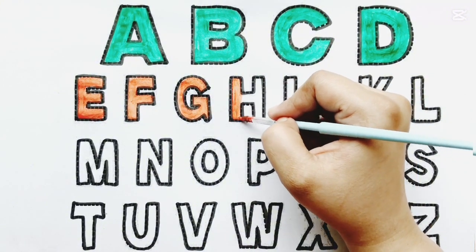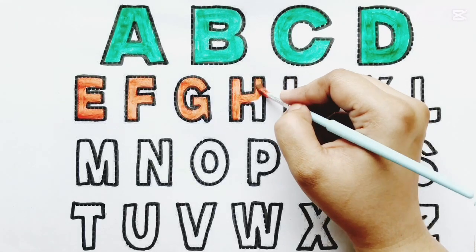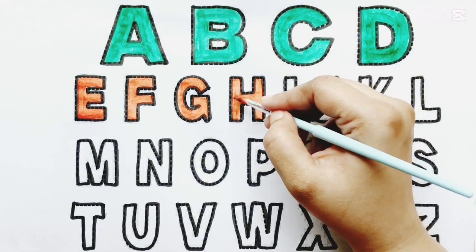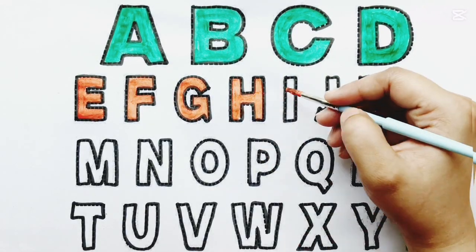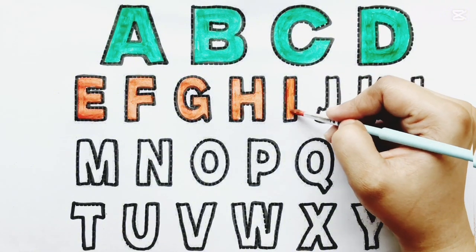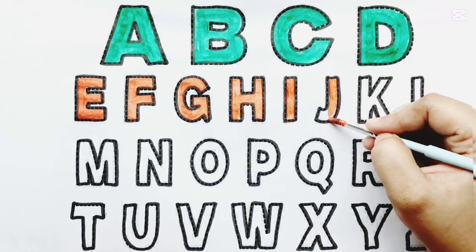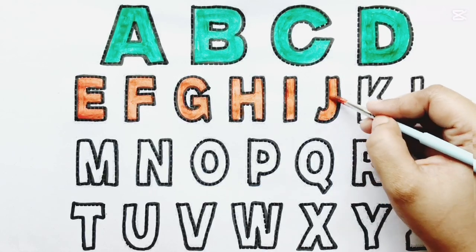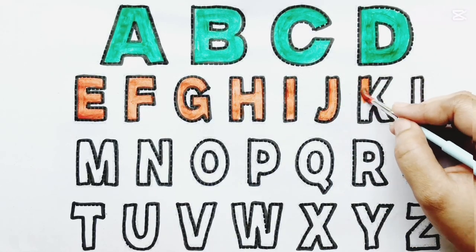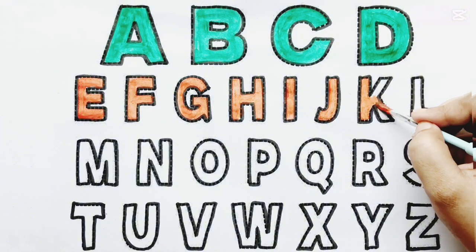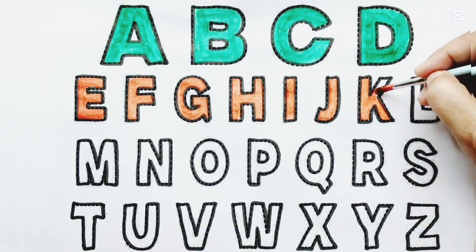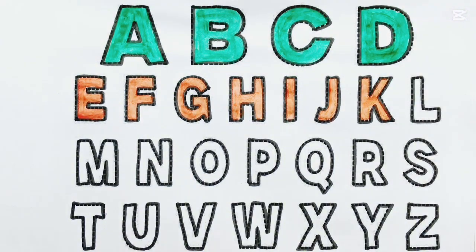H for hen. Ice cream. J for jelly. K for kangaroo. L for lion.